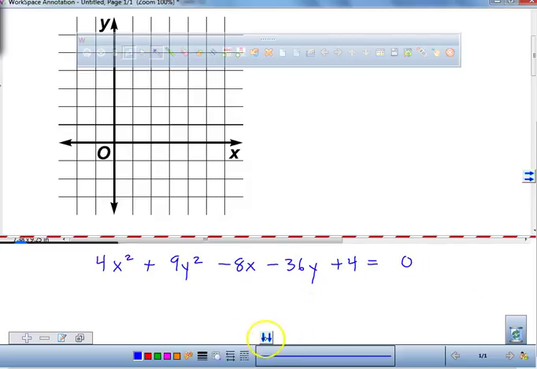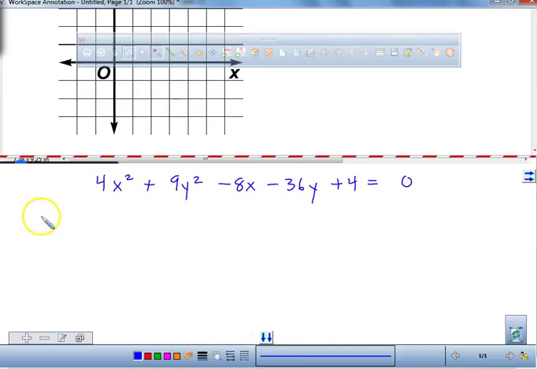My suggestion is to get all of your x's together, as awkward as that might be. Typically people don't want their x's all together, but right now we're just putting them together right here. Minus 8x. We're going to put plus a square. Eventually we're going to complete that square, but not right now. I'm going to change colors here.